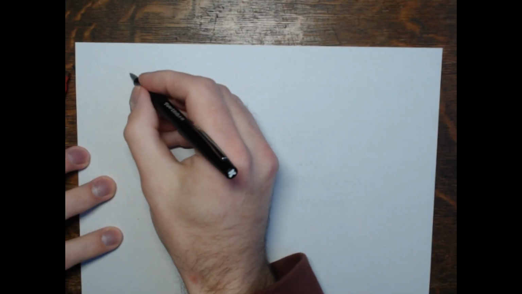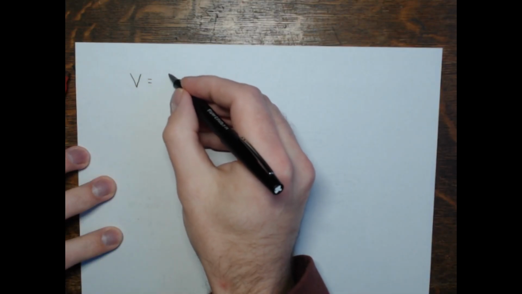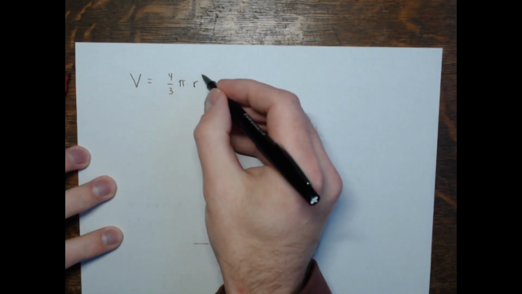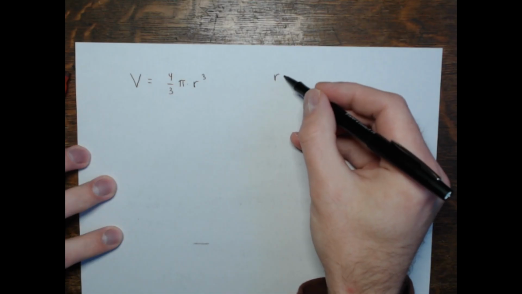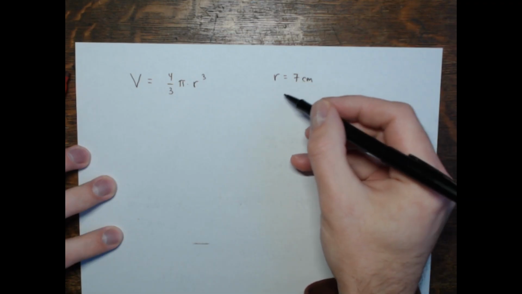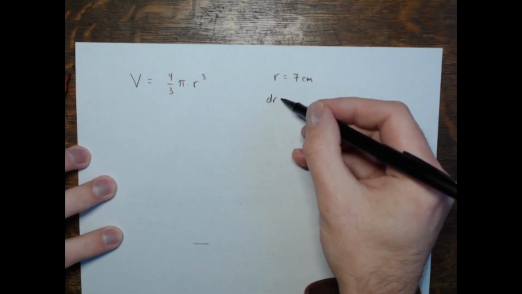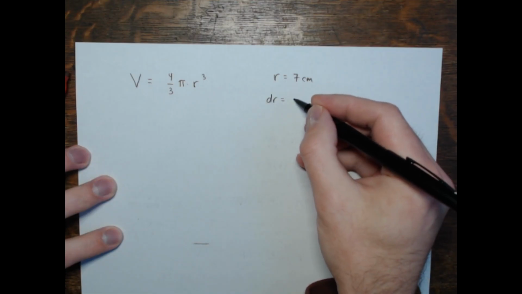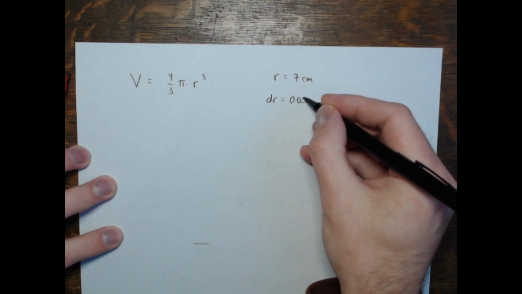So again, the volume of a sphere one more time. That's 4/3 times pi, times the radius cubed. And the initial radius measurement they said was 7 centimeters. The possible error, right? So that'll be dr, how much the radius could be off by, at most 0.05 centimeters.